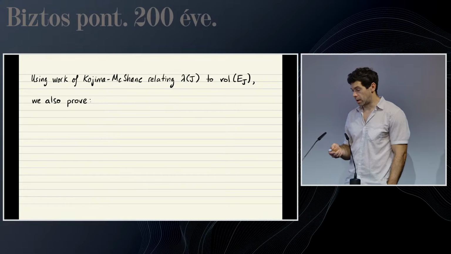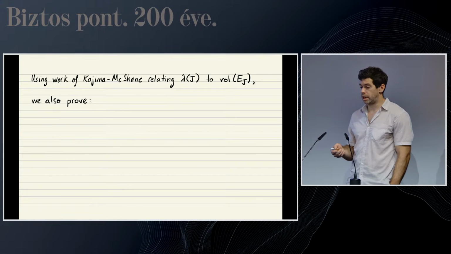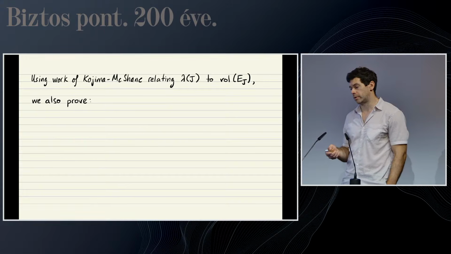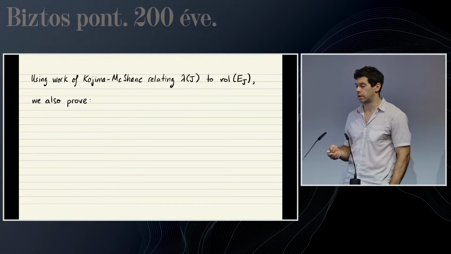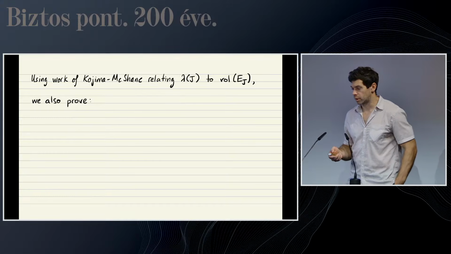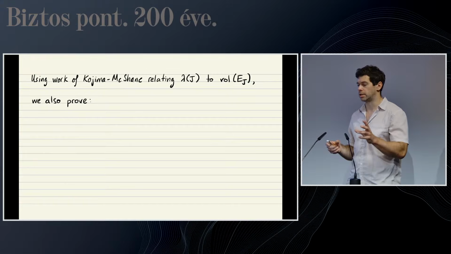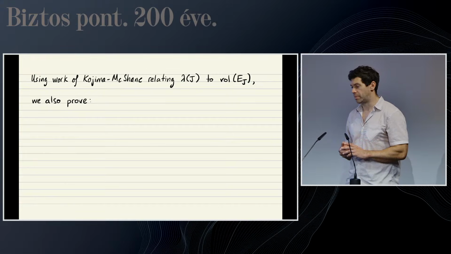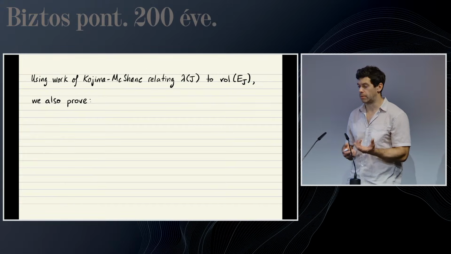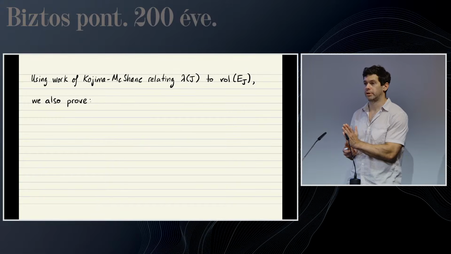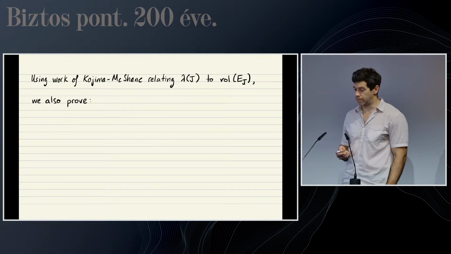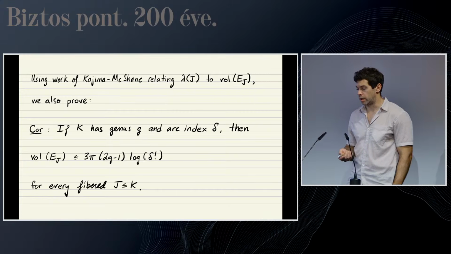And in particular, Kojima and McShane worked out a very explicit inequality with very concrete and nice constants, which bounds the volume of the complement of J in terms of the log of the dilatation. And so using that, we can also get this corollary.